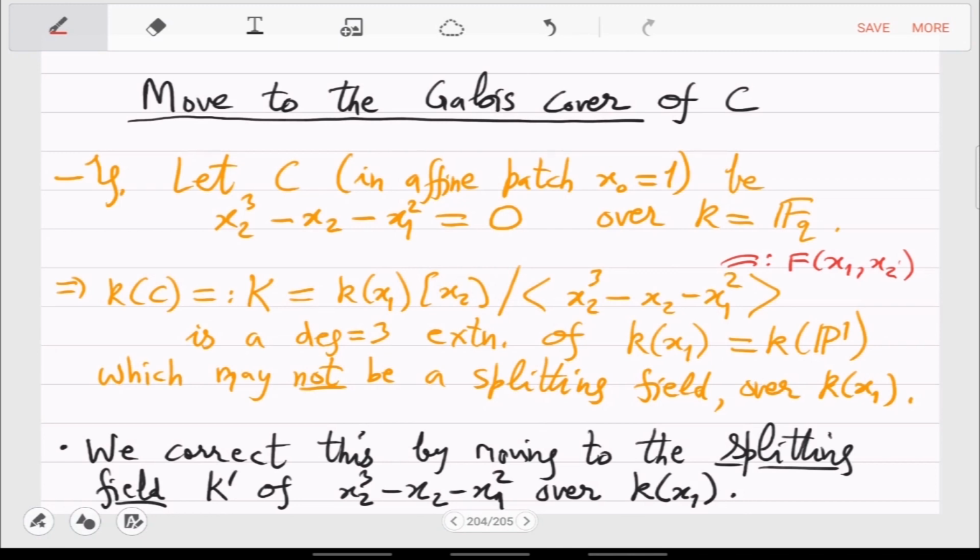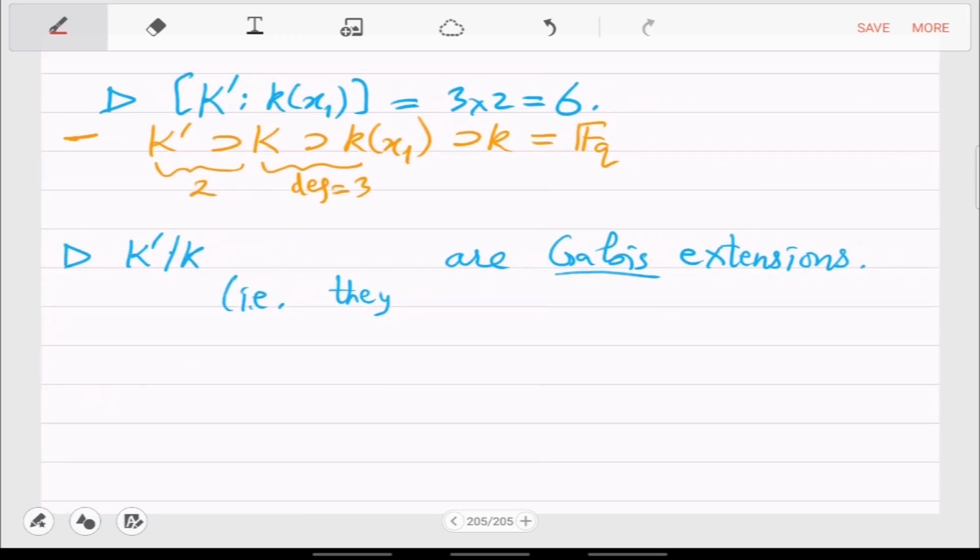So for a Galois extension, don't you need the property that if a polynomial has a root, then it should have all the roots? I think it's a normal extension. A normal and separable extension is called Galois. So will that property be true? I think this has to be checked.